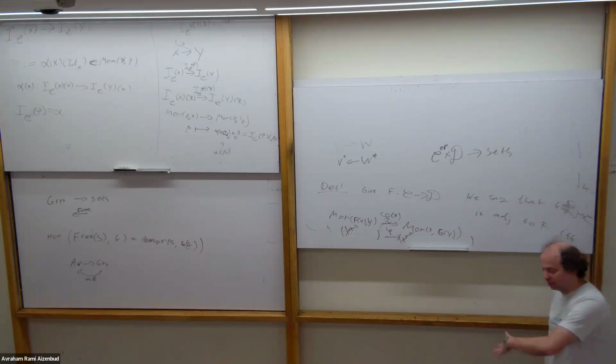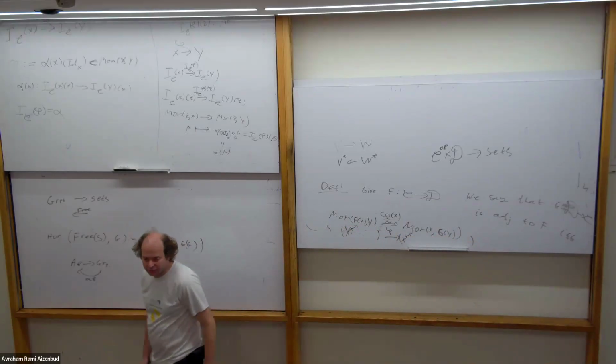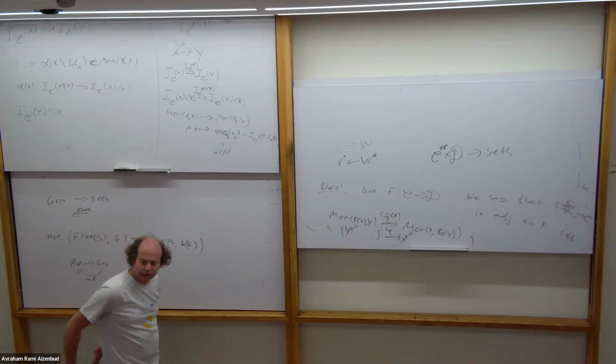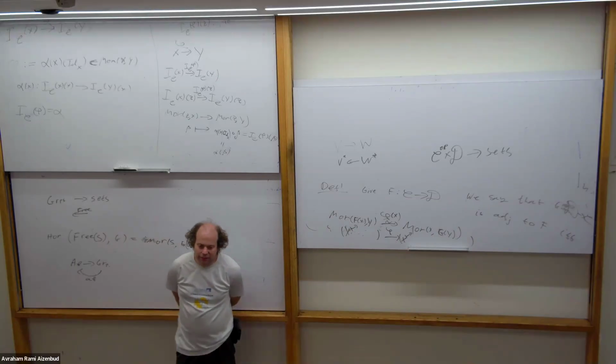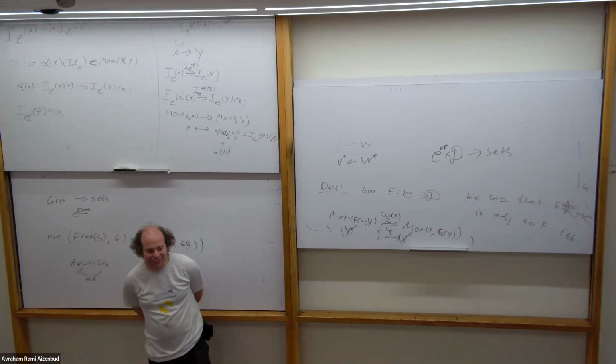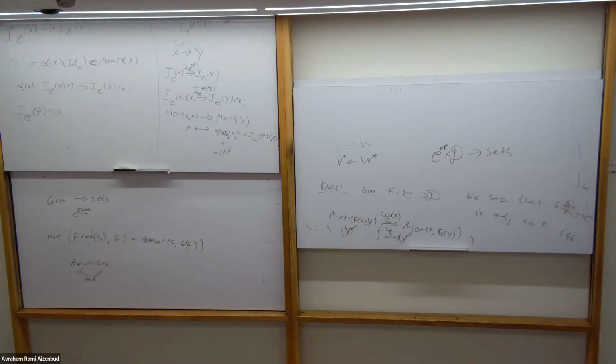Starting with a set, you can get a topological space by taking the discrete topology. But you have another construction. Starting with a set, you can get another topological space: the anti-discrete topology. You can call it like this, but it's usually called the trivial topology. You just take the minimal allowed thing.